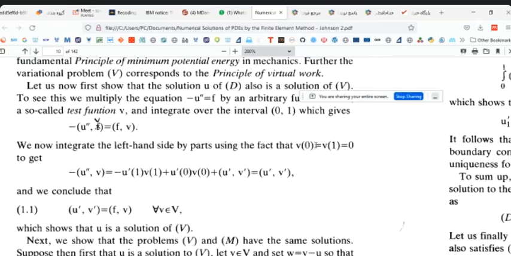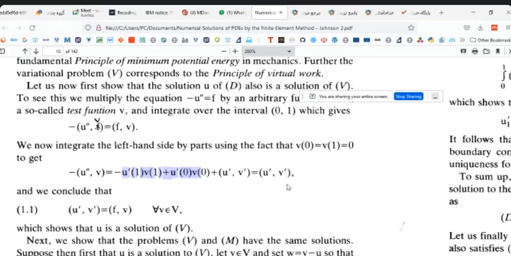Because v0 and v1 equal 0, the first two terms vanish, and the remaining term is the inner product of u prime and v prime.